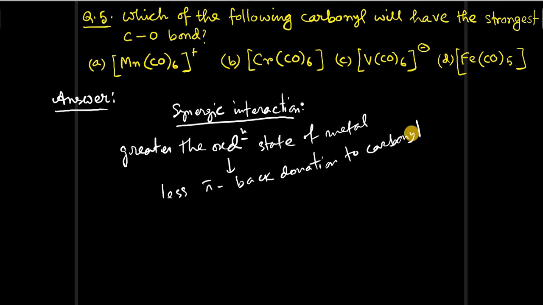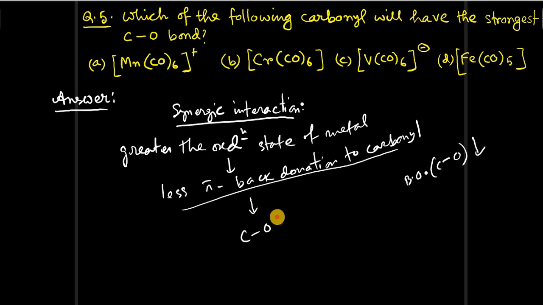That means it decreases the bond order of the CO bond. If pi back donation is good, then the bond order of CO bond decreases. So if pi back donation is less, that means the bond order will not decrease that much, so CO bond becomes strong. And if pi back donation is less, that means the metal carbon bond is weak.